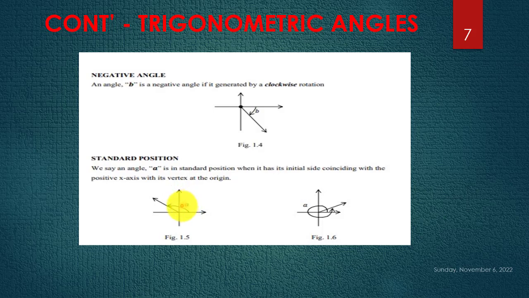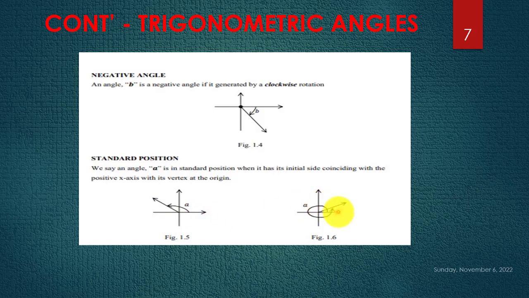Let's consider figures 1.5 and 1.6. In figure 1.5, you will see that the initial side lies on the positive x-axis. Since the initial side lies on the positive x-axis and its vertex lies at the origin, the angle formed is in standard position.